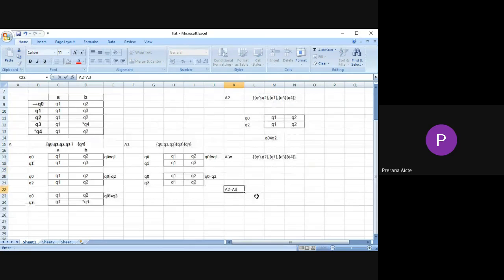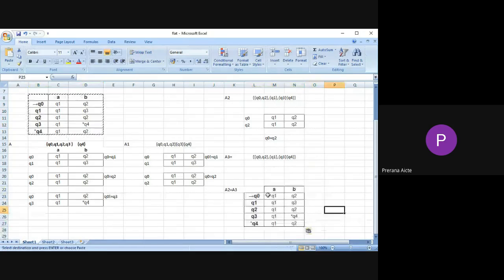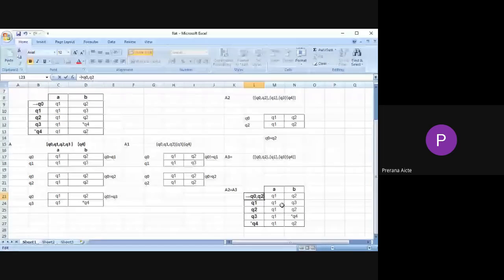The final automata: in place of Q0 we place Q2, and in place of Q2 it is Q0.